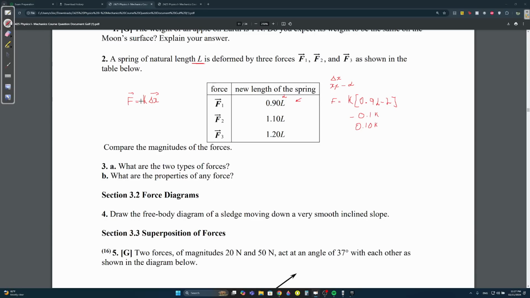Actually, the formula was minus Kx, so this would actually become positive. Anyway, that's not my point. So you get this for F1.